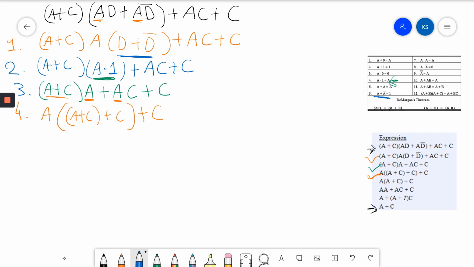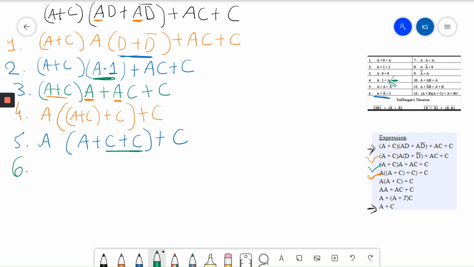Okay, now let's go for the fifth step. In the fifth step, what will we do? We'll simply write a in the bracket a plus c, plus c. We are just taking out these variables from the bracket and plus c. Okay, so now we know that in the sixth step, what we will perform is c plus c.